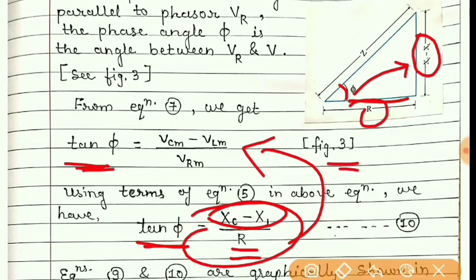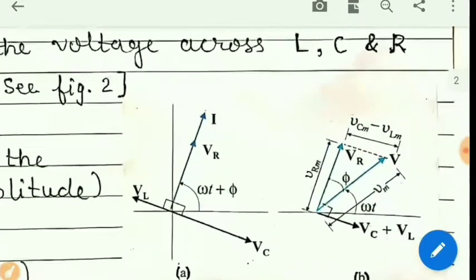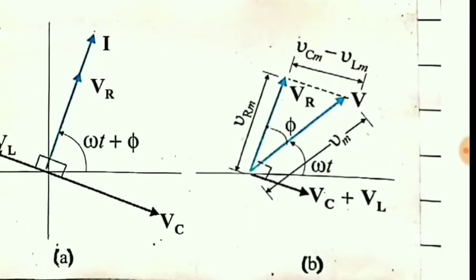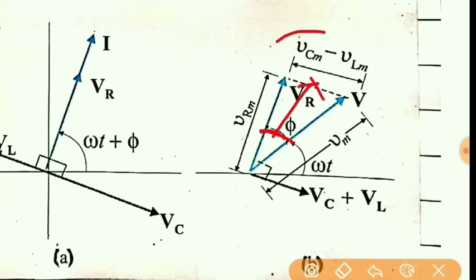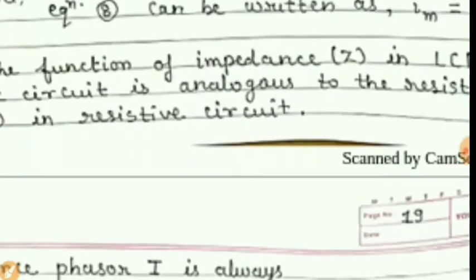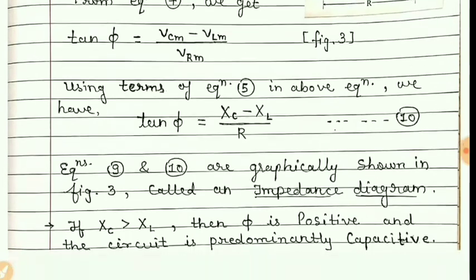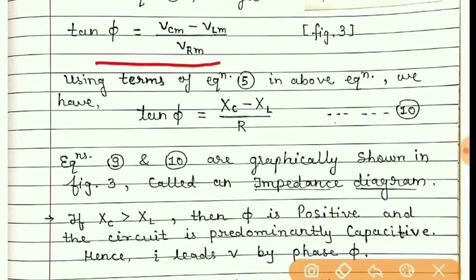This is from the previous figure, that is this figure. You can see here also with respect to the angle, tan phi is opposite, which is this, and adjacent is this. So we get these two equations for tan phi. One is this and the other is this.